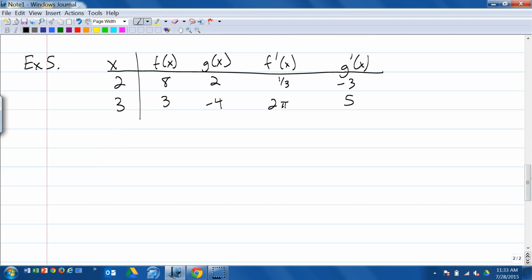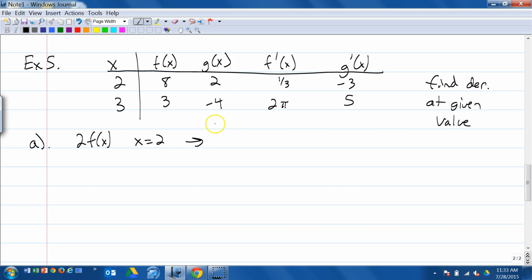We're going to use that for everything. So these are the problems I want to know. For part A, I want all the derivatives of these, so find the derivatives at the given value. I want to know what the derivative of 2 times f of x is when x is equal to 2. So think about your rules. We just have f of x. We don't have a chain rule situation here.